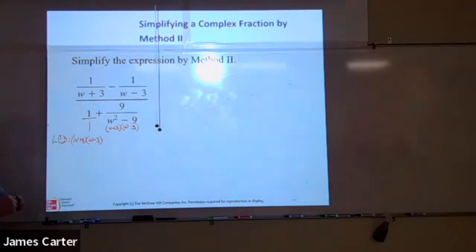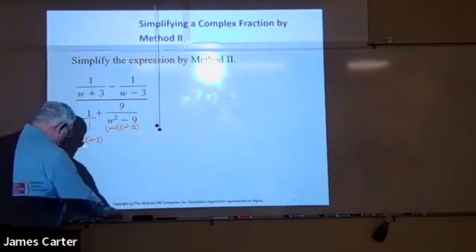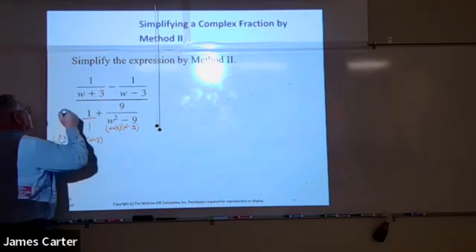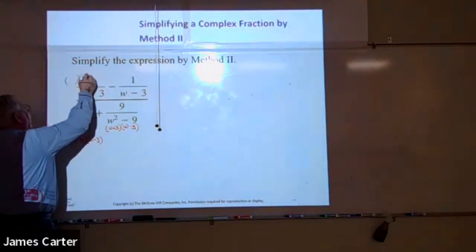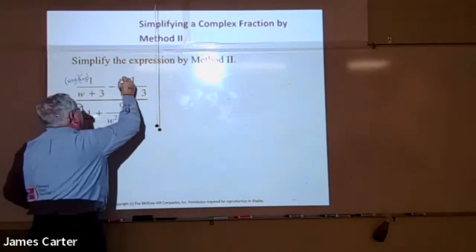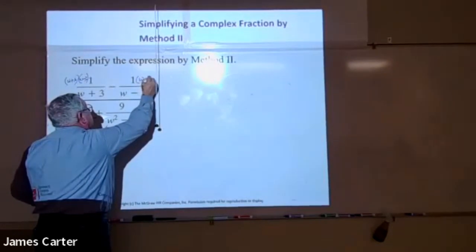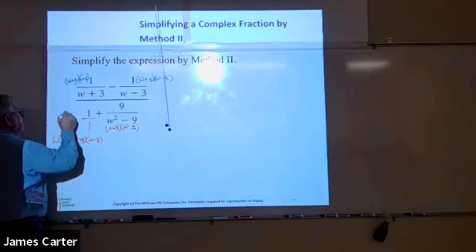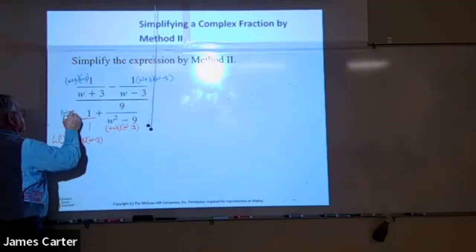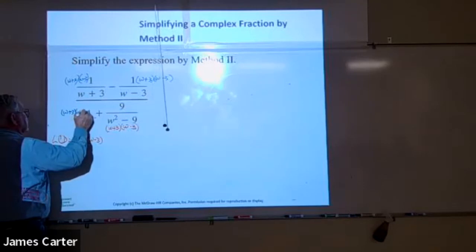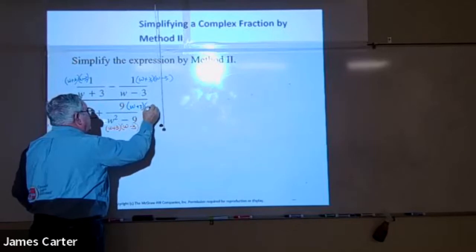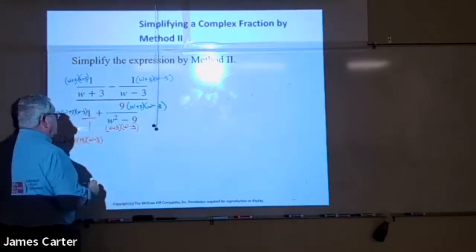Okay. So that means I've got to multiply that times all 4 of these. W plus 3, W minus 3. W plus 3, W minus 3. This is a lot of writing on this. W plus 3, W minus 3. W plus 3, W minus 3. Okay.